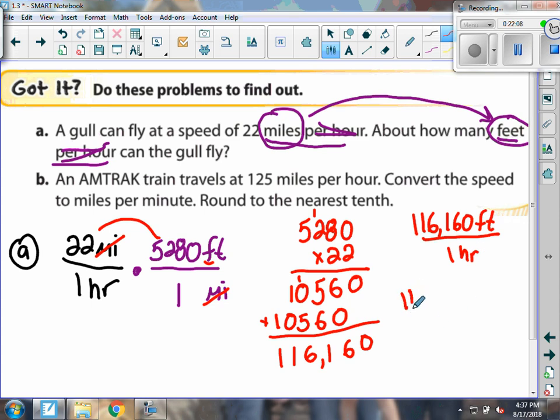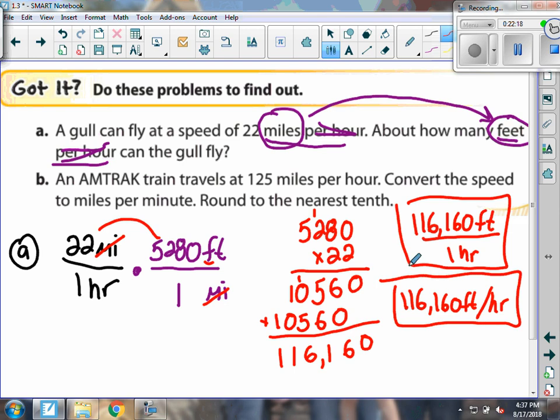Again, you could write this as 116,160 feet per hour. Both are correct. In fact, you'll probably see me write it like this most of the time.